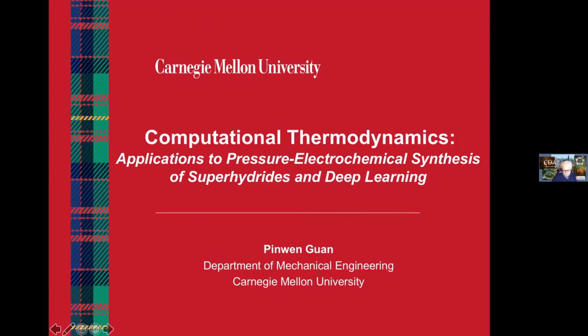Since then, he has been at Carnegie Mellon, where he's worked on a variety of problems, including electrochemistry and getting into deep learning, and most recently has been working with our group on the challenge of trying to stabilize the superhydride superconductors that we've discovered under pressure, but using a combination of electrochemistry and pressure. And today he's going to be telling us about some of that work, which is ongoing, as well as some of the other recent developments in his research program.